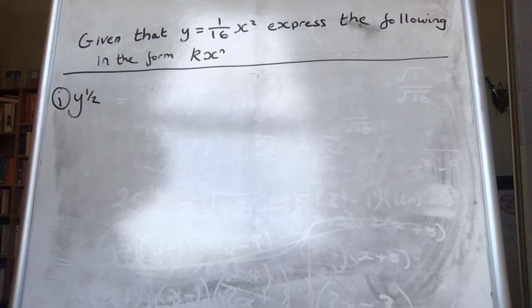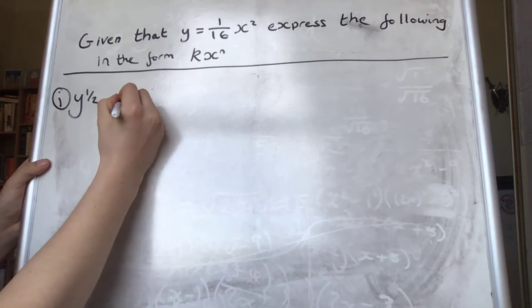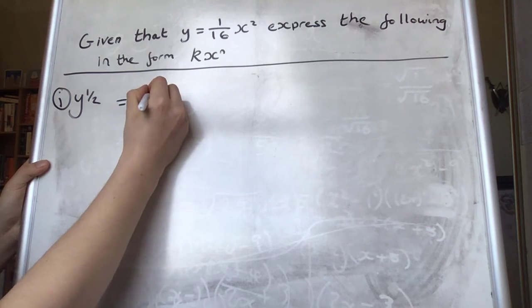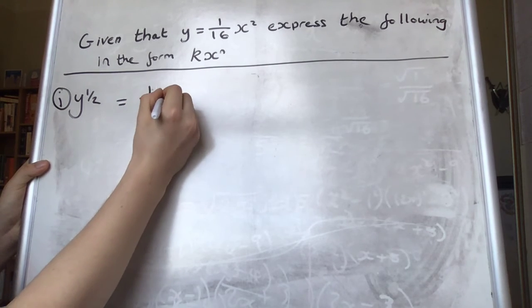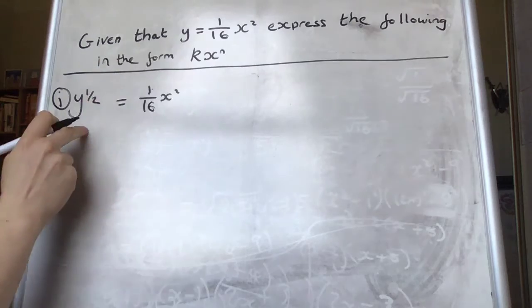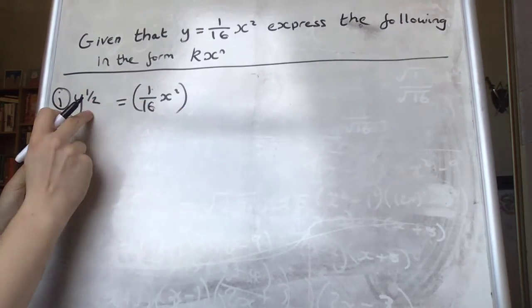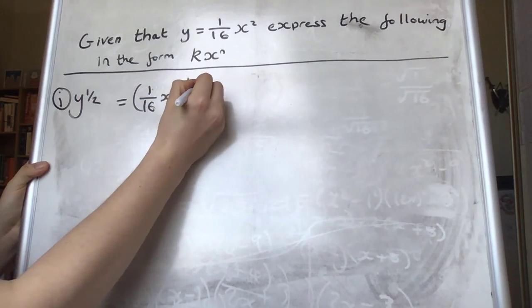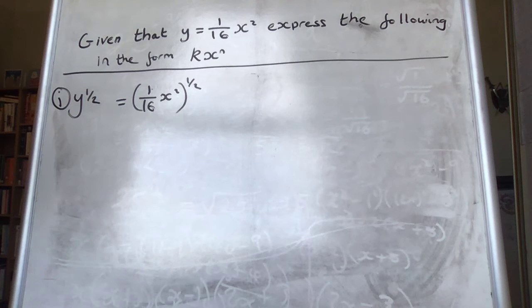So our first step is to substitute y equals 1/16 x squared into y to the power of a half. So let's do that. So this is the same as saying 1/16 x squared, which is equal to y, and all of that is raised to the power of a half.